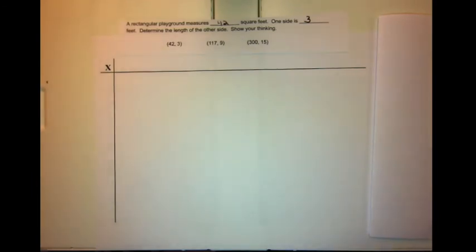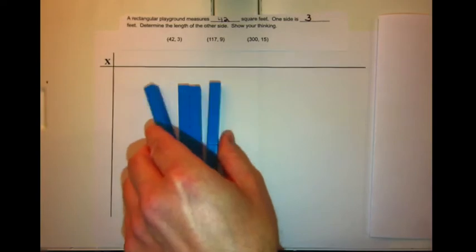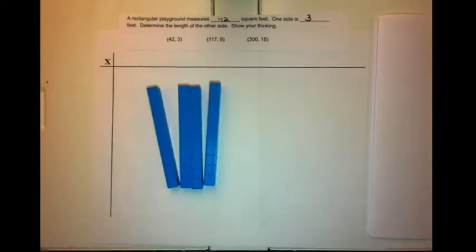So here's what we know. If we're going to think about this in terms of multiplication, I'm going to use this template again that I used before. I know that I have 42 units here, square feet in this case.